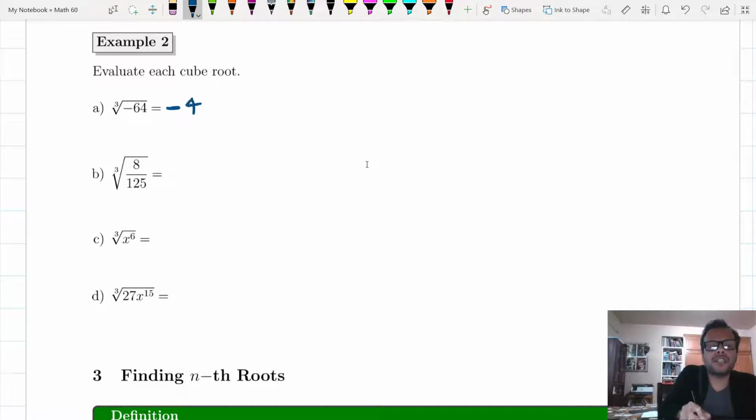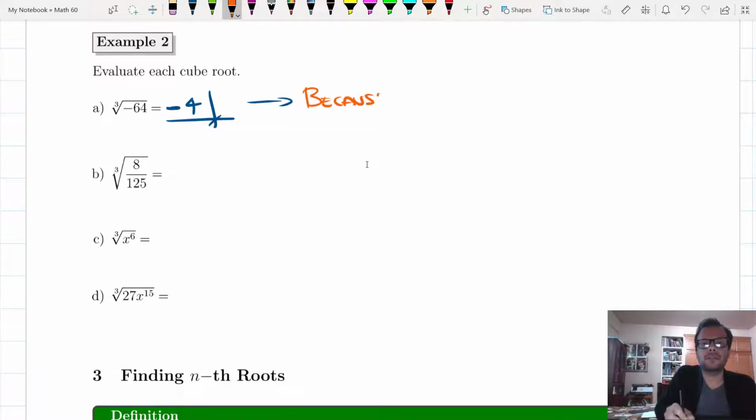So the answer to this is negative 4. And that is because negative 4 to the third power is going to be equal to negative 64. How come?